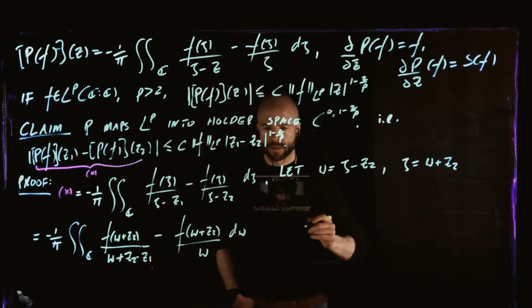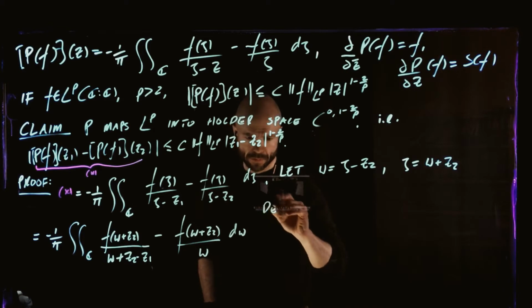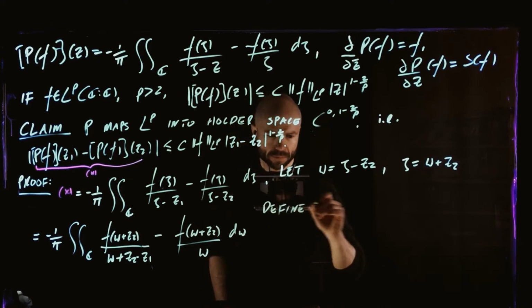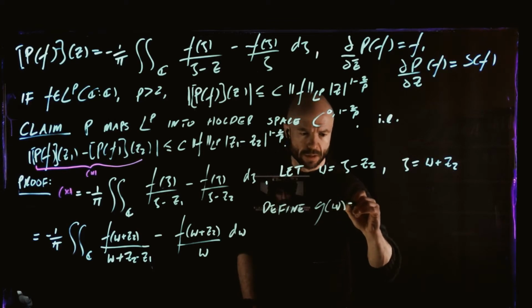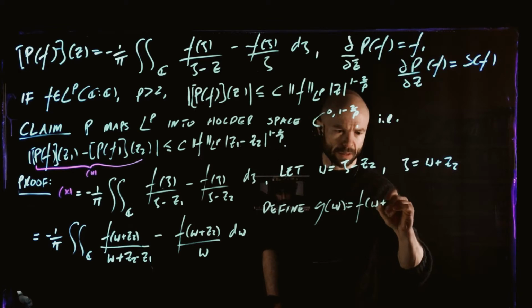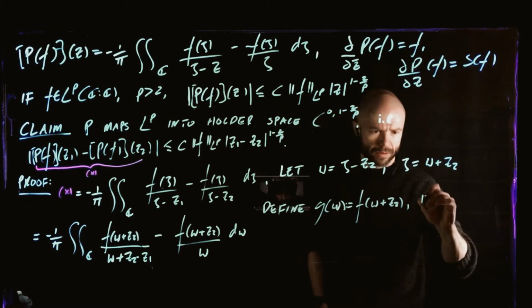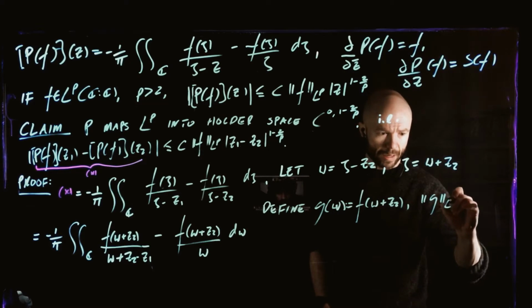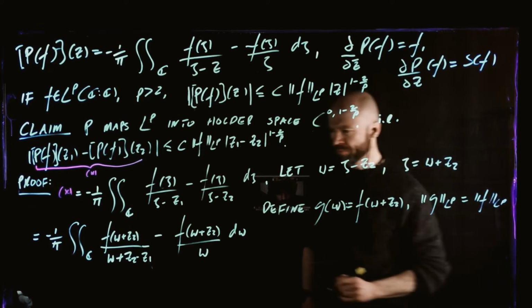Yeah? And then define g of w to be equal to just f of w plus z2. So this is just shifting f, so then the LP norm of g over the entire complex plane is the same as the LP norm of f, right?